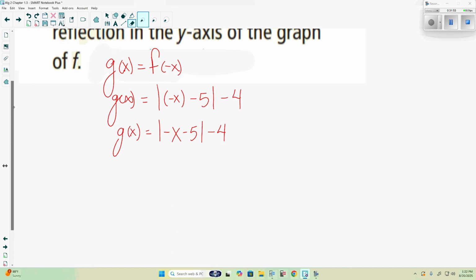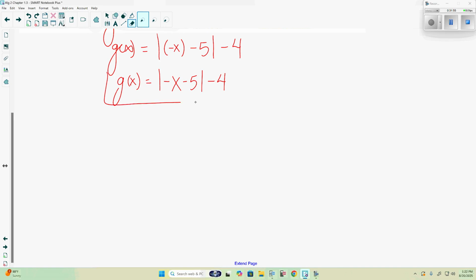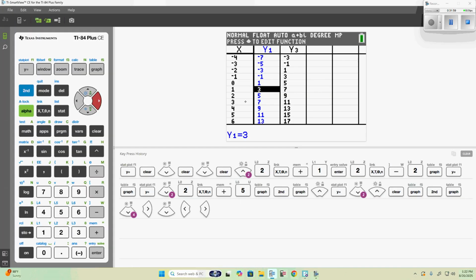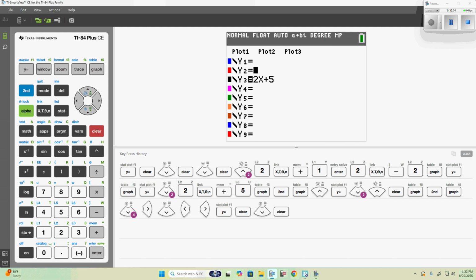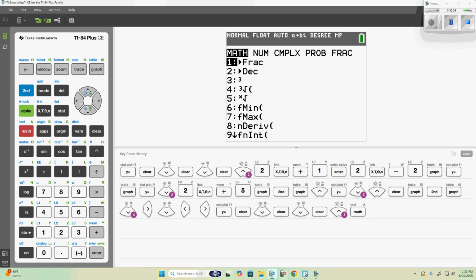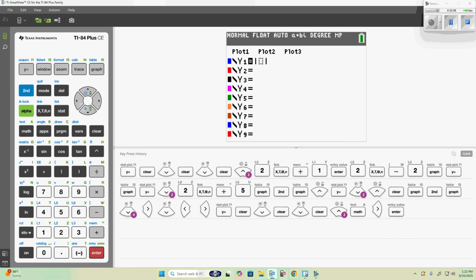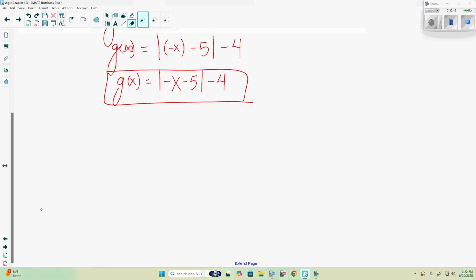Because we said this one here, absolute value of x minus 5, was it plus 4 for this last one? Minus 4.